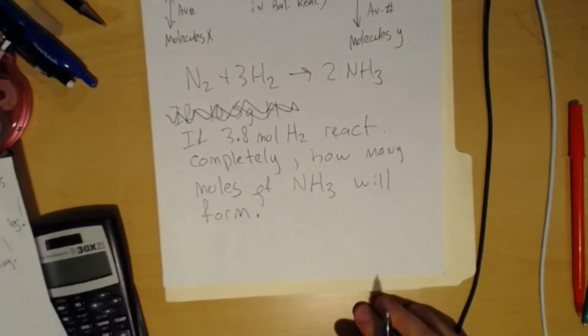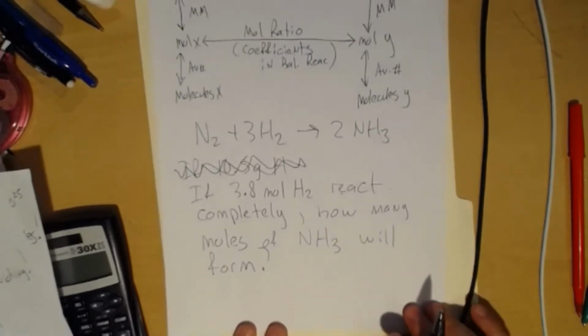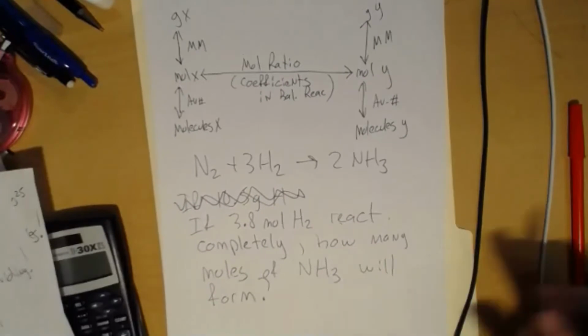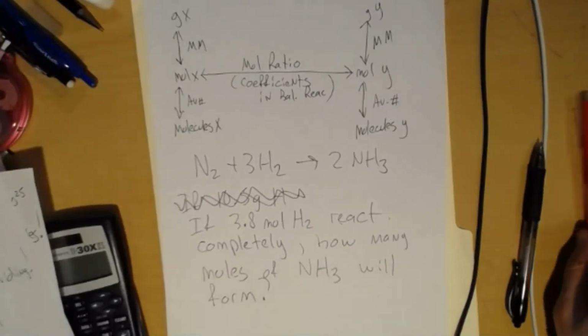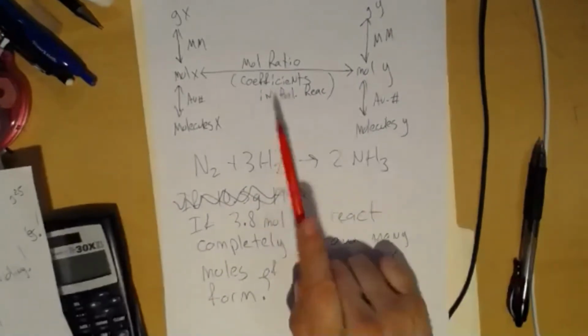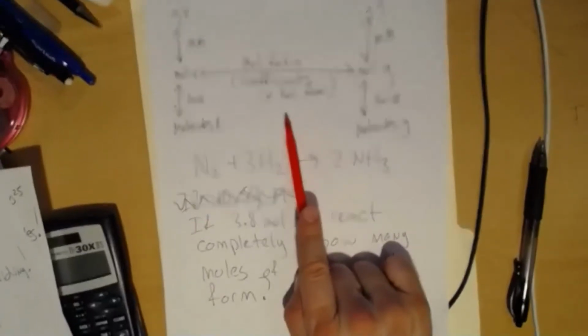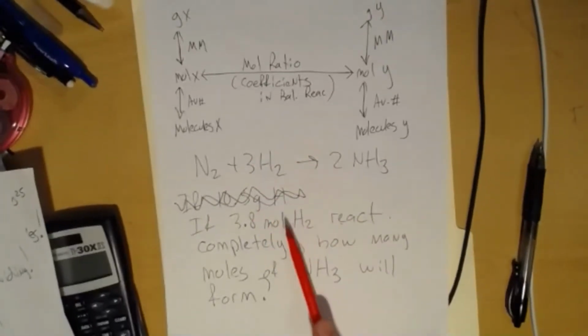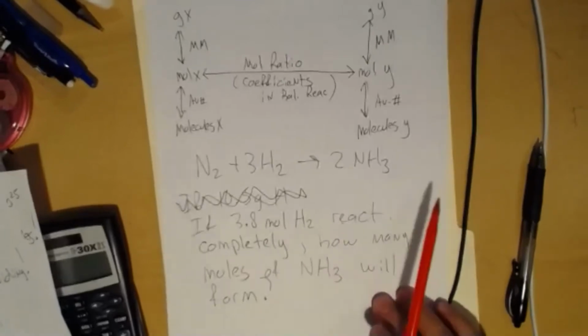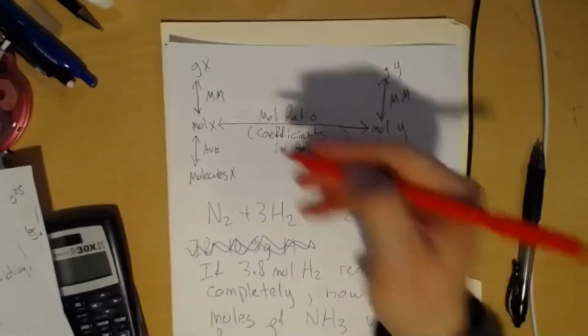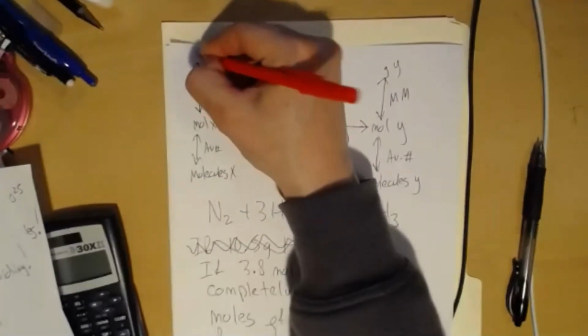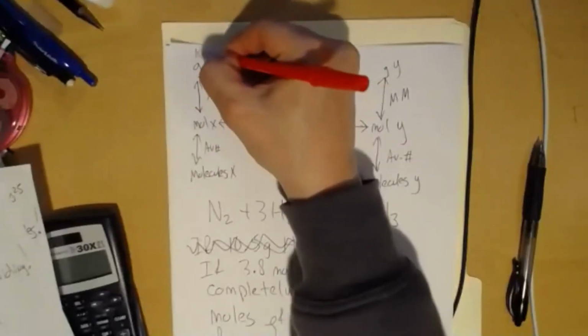So for this, which stop are we on? Which stop are we at and where are we going? If we have moles of hydrogen, I like to start over here. This is what I call the known.